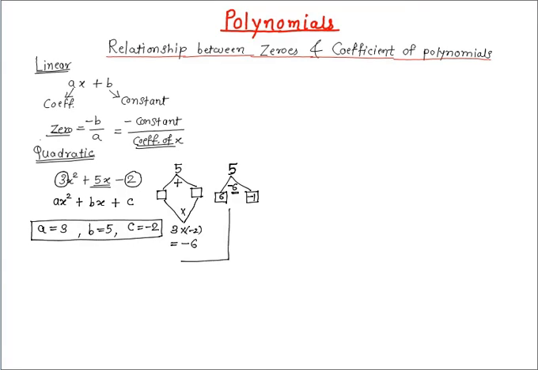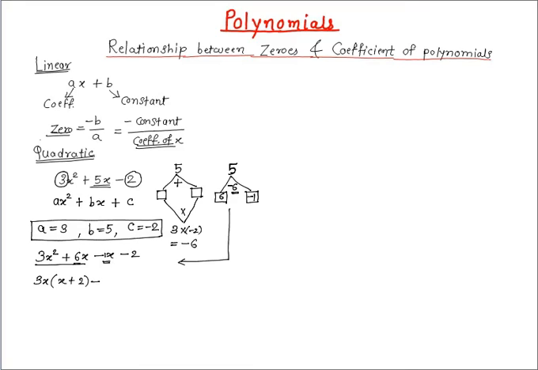Okay. Now, after splitting the middle term, we have got two values, 6 and minus 1 for this example, right? So let's put this in our example. In the polynomial, what we get? 3x square plus 6x minus x minus 2. This minus x is nothing but minus 1 of x. So we got these two values, 6 and minus 1. Now, if you take 3x common from these terms, what is left out? x plus 2.